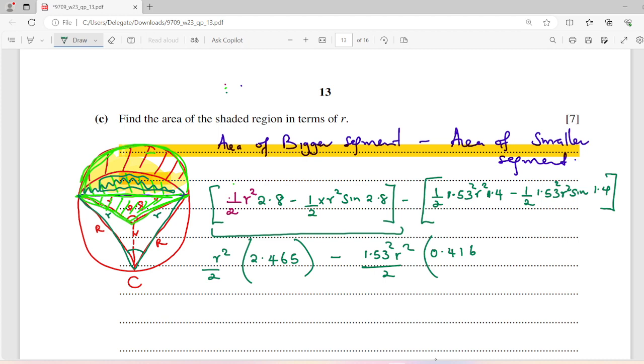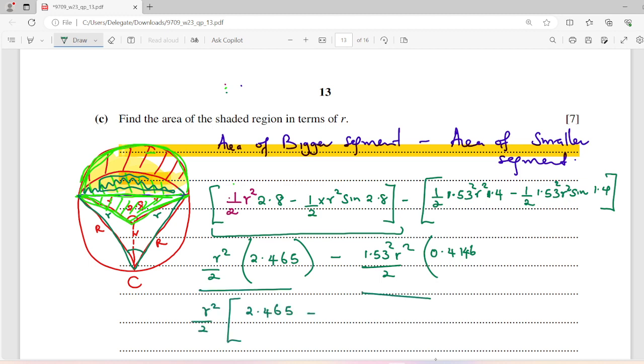So the r squared over 2 is common on either side, so I end up having r squared over 2, and I'll have 2.465. When you work it out, then minus, you multiply 1.53 squared times 0.4146, because the 2 on the denominator you already worked out.